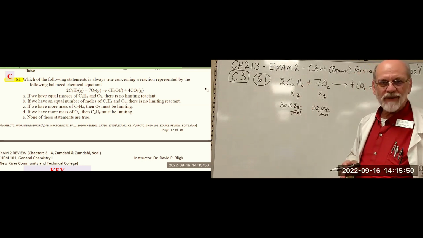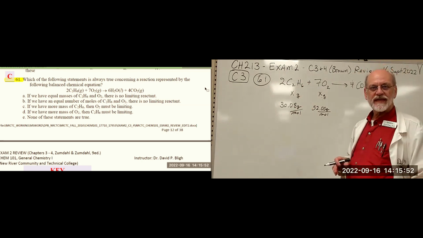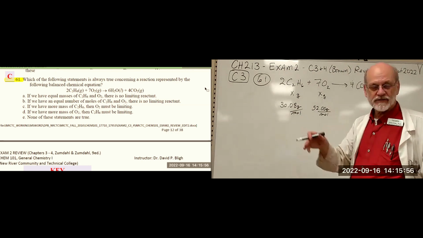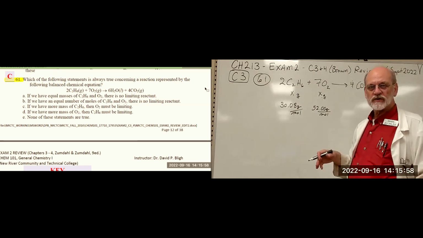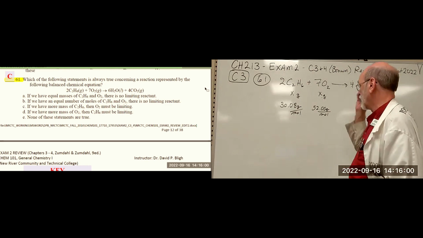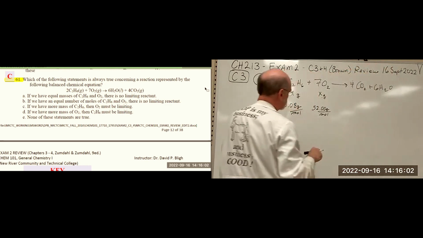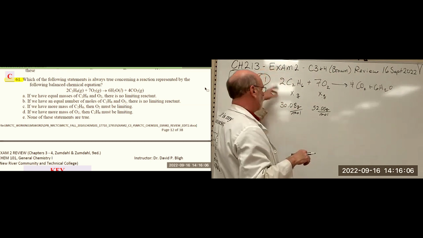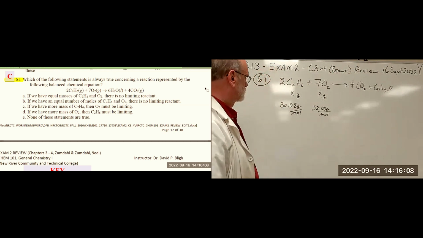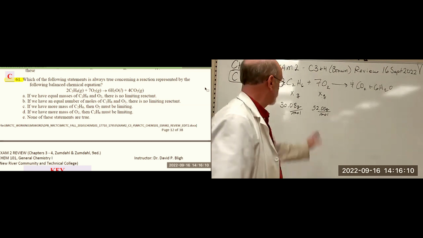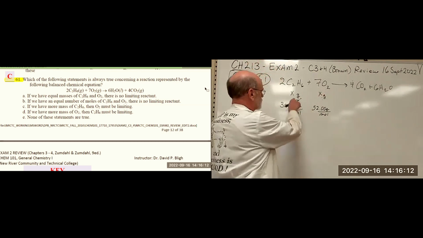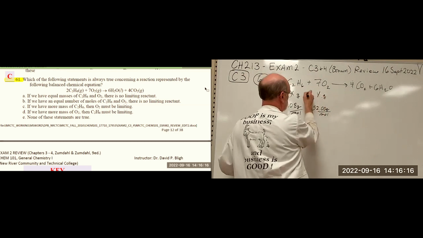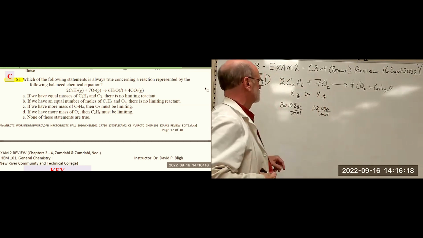C, if we have more mass of C2H6 than we do of O2, then O2 must be limiting. All right, so if we have more mass than O2, is this one bigger than that one?